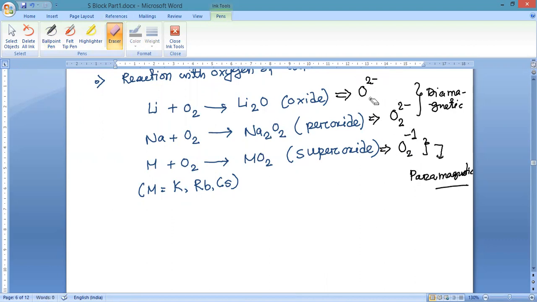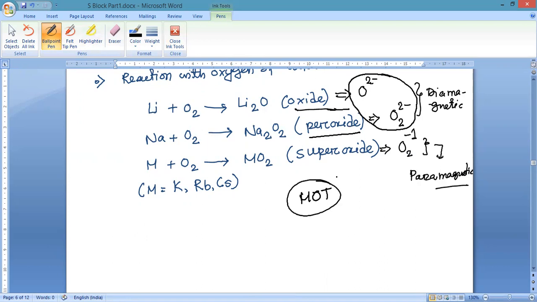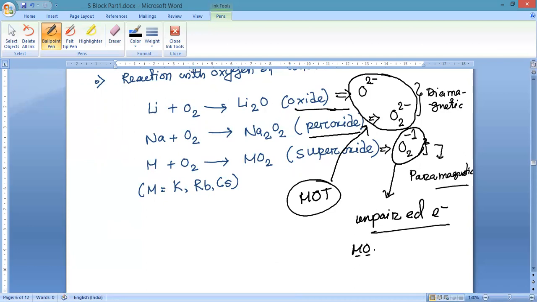So in case of oxides and peroxides, there is no any unpaired electron in its molecular electronic configuration. From MOT, we know that they do not have any unpaired electron. But in case of paramagnetic, इसका केस में आपको मिलेगा अनपेयर्ड इलेक्ट्रॉन in its molecular electronic configuration.